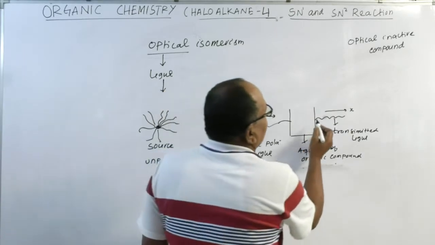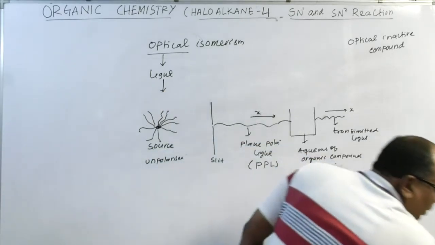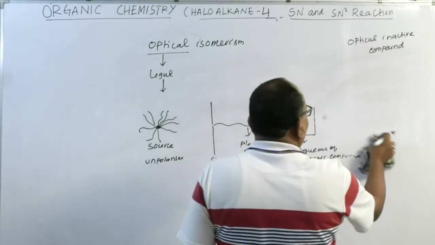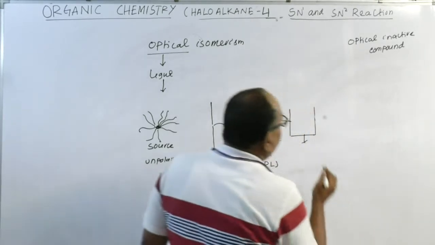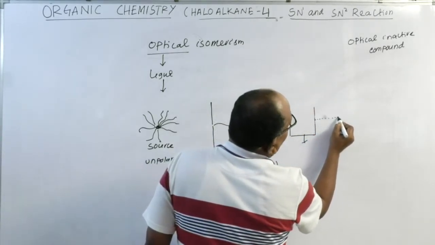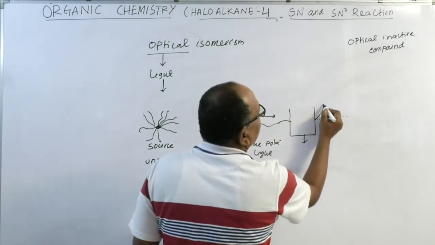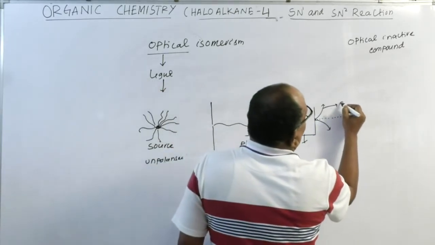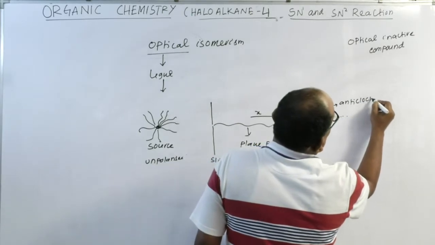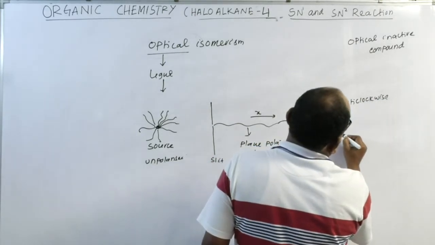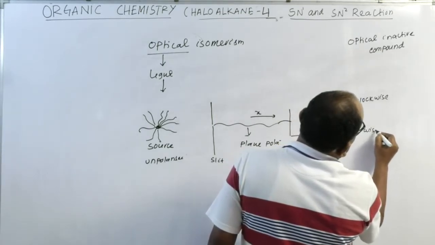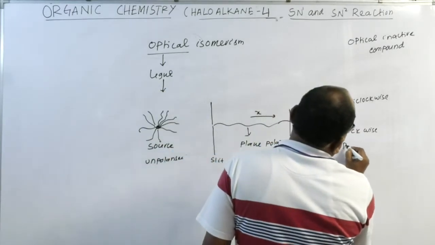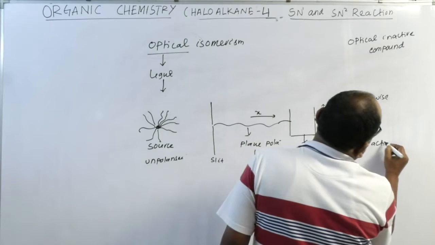If the transmitted light is rotated, for example, the polarized light has this direction originally, but it is rotated in this direction or in this direction, anti-clockwise or clockwise, then the organic compound is said to be optically active.